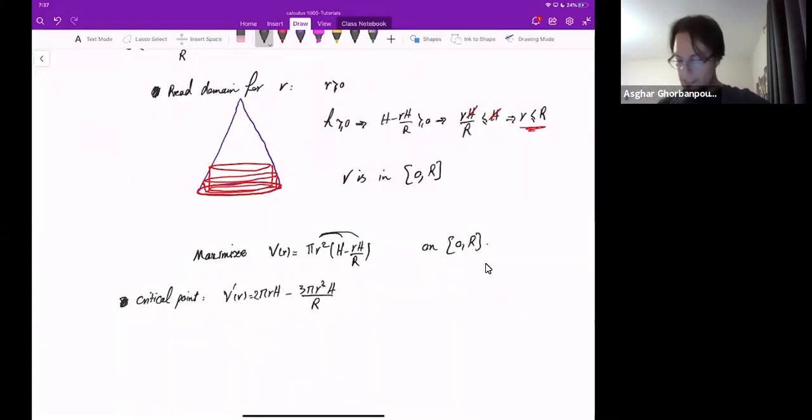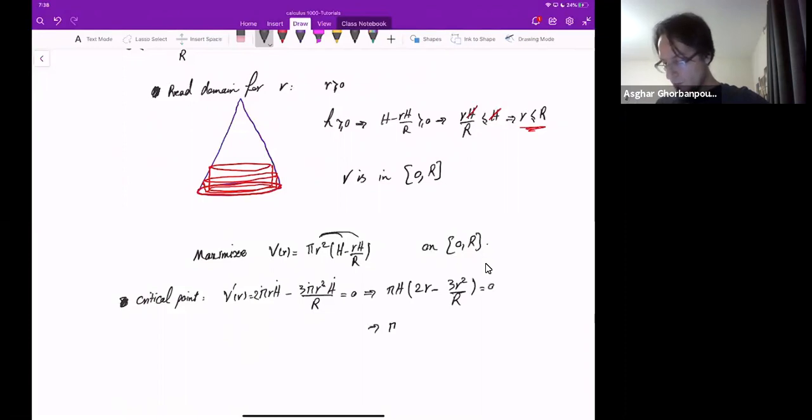So we have that. Set that equal to 0. Then, okay, I want to solve that. I can factor out h, I can factor out pi, so pi h times (2r minus 3r squared over R). This is equal to 0.